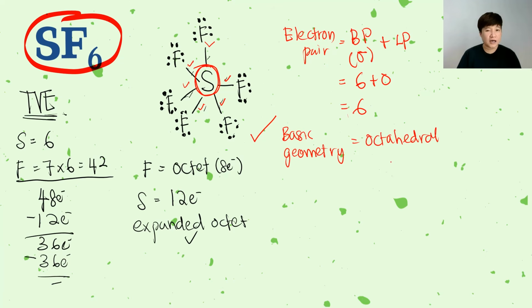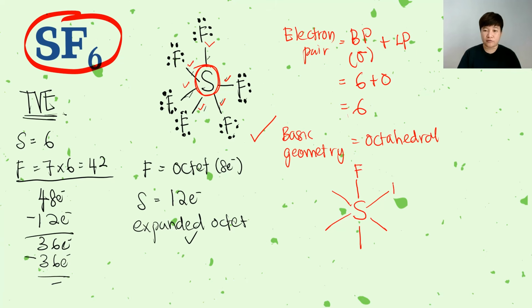So how should an octahedral look like? Your octahedral in a 2D should look something like this. As in the center, top and bottom linear. And then in the center, we are going to have a square. Okay, can you see a square over here? So, top and bottom linear, center is a square. That is your octahedral in your 2D.